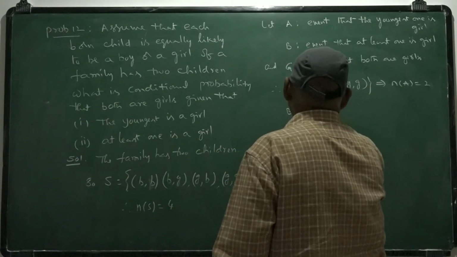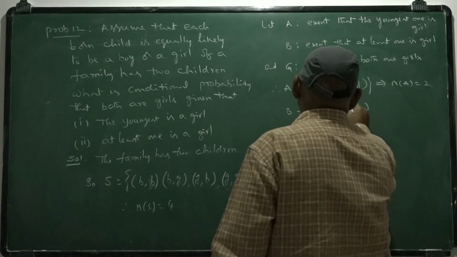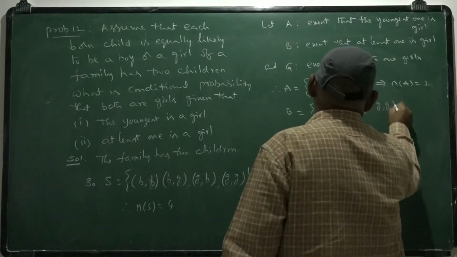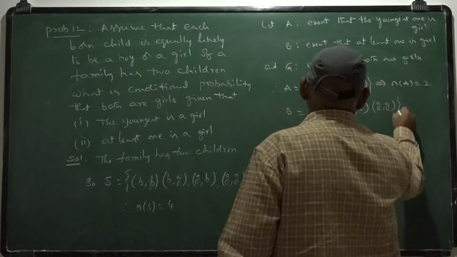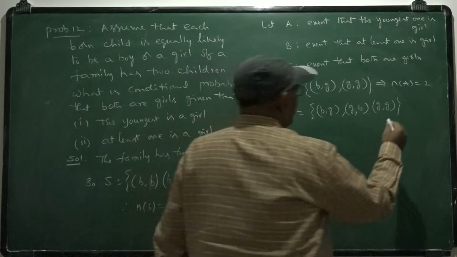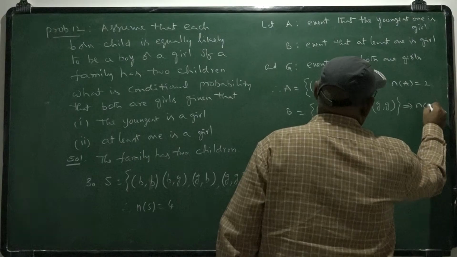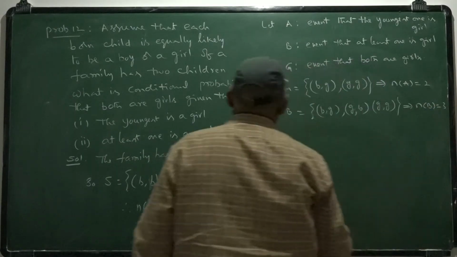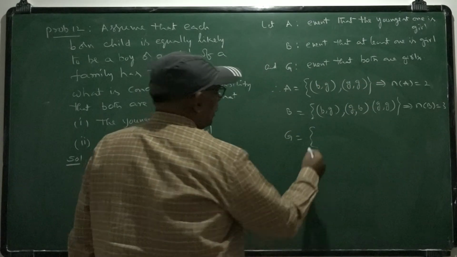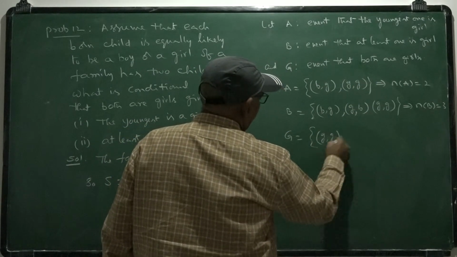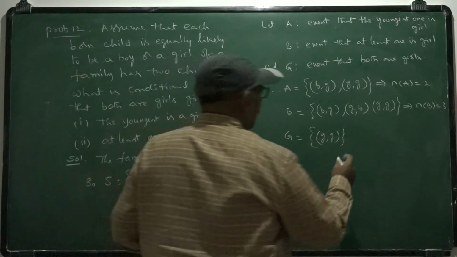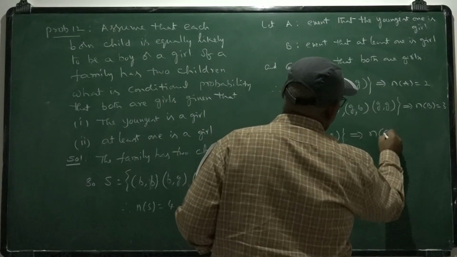So the favorable possibilities are either BG or GB or GG, having one girl or 2 girls. So n of B is 3. G is the event that both are girls. It contains only one favorable possibility, that is GG. So n of G is 1 only.